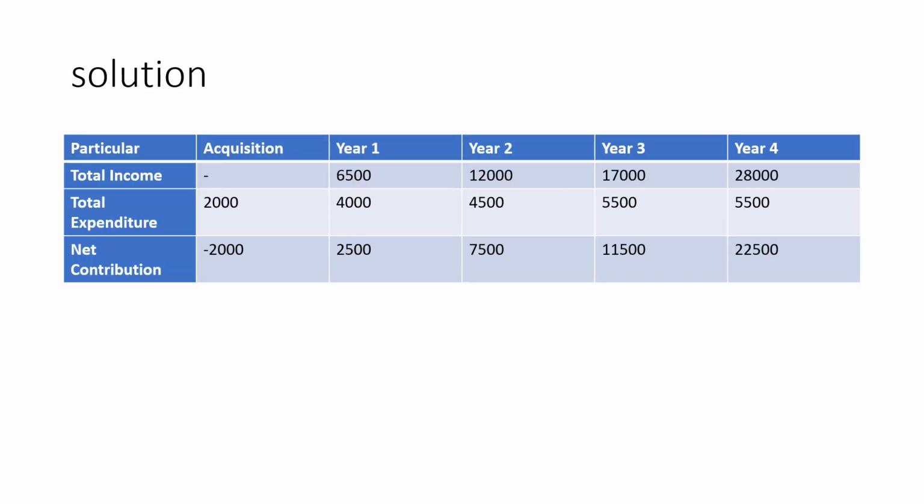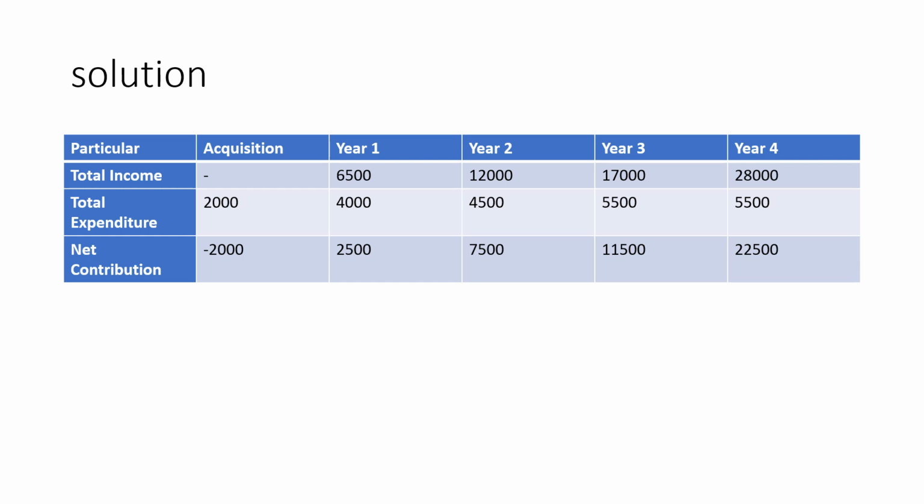So let's look at the solution. We need our income and our expenditure. In the acquisition year, we earned nothing, however we spent 2000. In year 1, we earned 6500 and our expenditure was 4000.